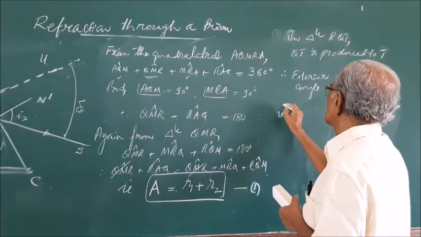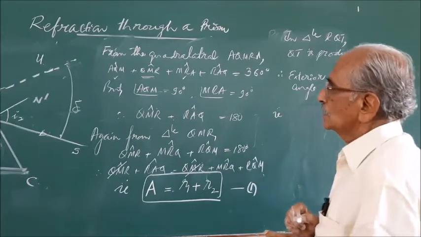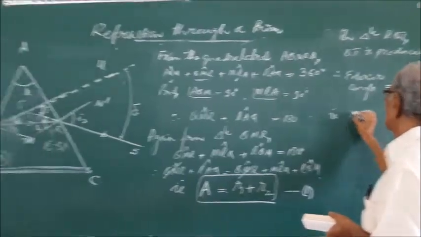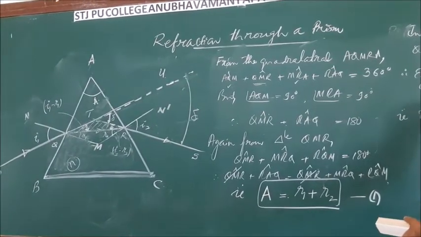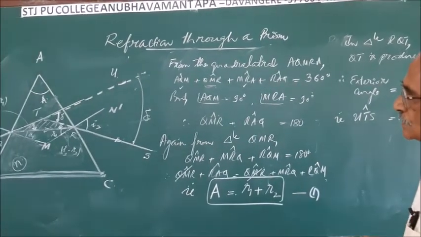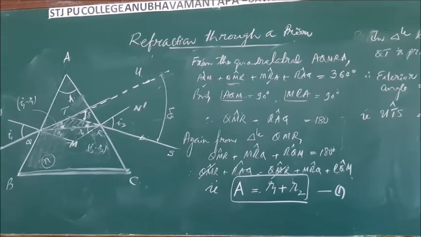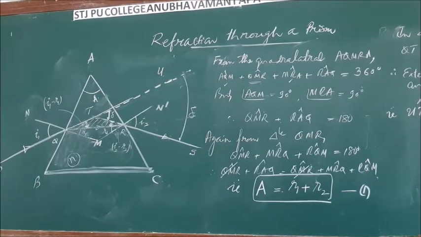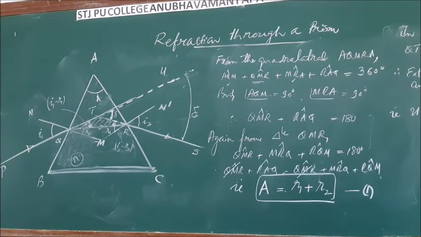That is, the exterior angle is UTS, and the interior opposite angles are RQM plus MRQ.